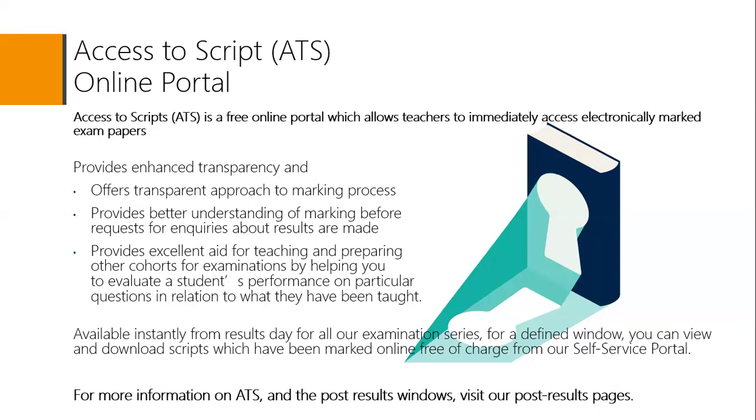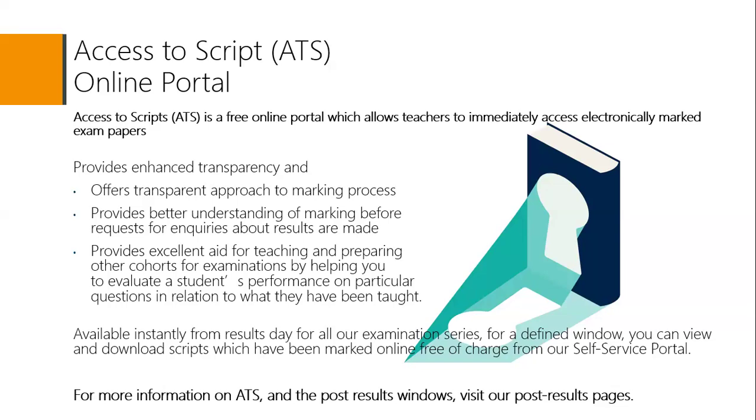Access to scripts is self-service, online, free, and instant from results days onwards. It cuts down on speculative EARs, as schools have time and information needed to make an informed decision. It allows you to see all of your students' marked exam papers free of charge. It's accessible through Edexcel Online.